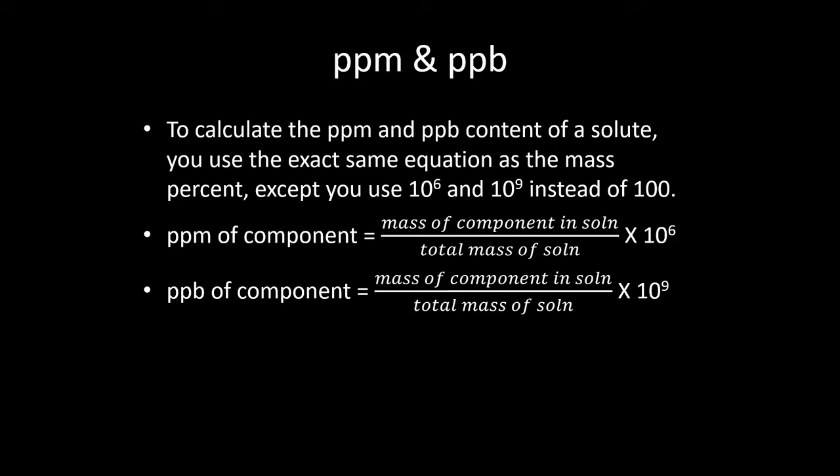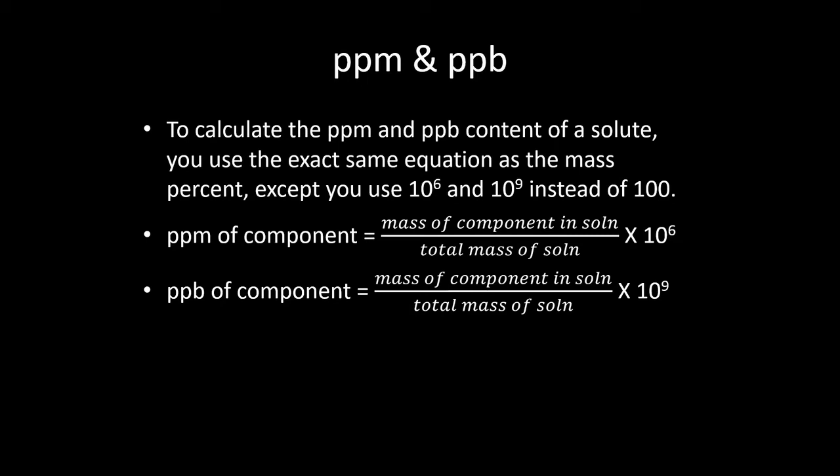So essentially what multiplying by a really large number at the end does is it takes a really tiny concentration that you would otherwise need to describe as, like, 1 times 10 to the negative 6 mass percent, and it's instead now 1. It makes it a much more easily manageable number. So you would have 1 part per million instead of 1 times 10 to the negative 6 mass percent.